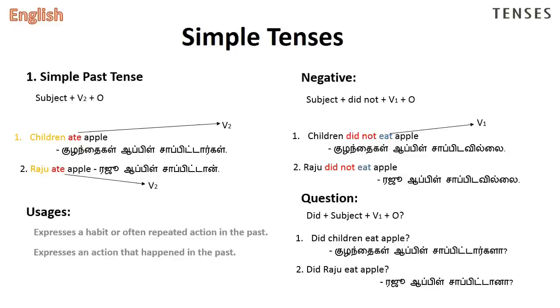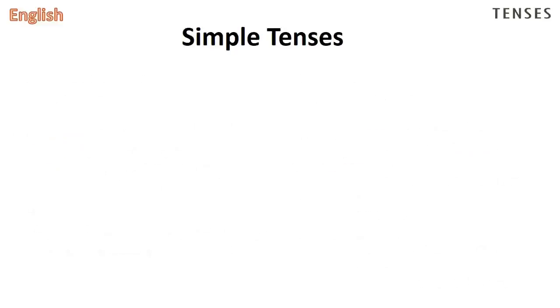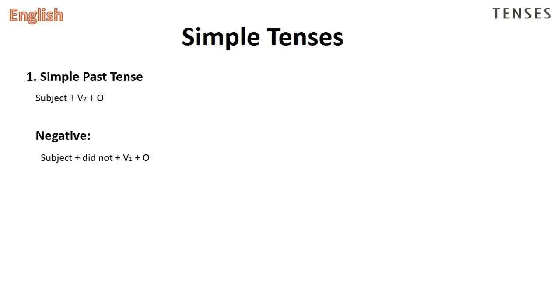So for I and we have separate formula. Can you understand? For I and we are going to use shall plus verb 1 plus object. I வந்தாலும் we வந்தாலும் நம்ம என்ன யூஸ் பண்ண போறோம்னா verb இருக்கிற இடத்துல shall plus verb first form plus object.